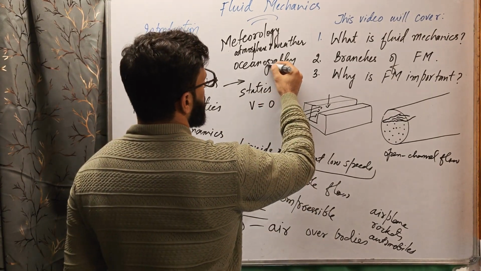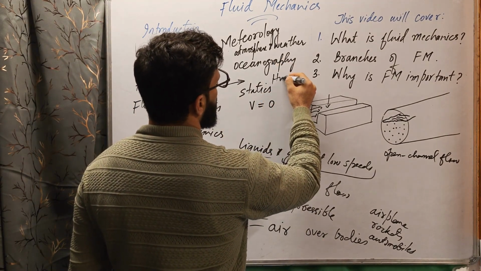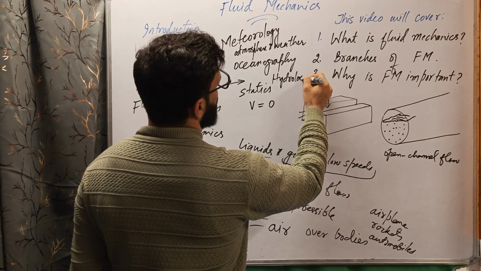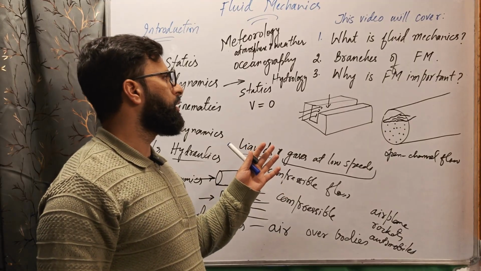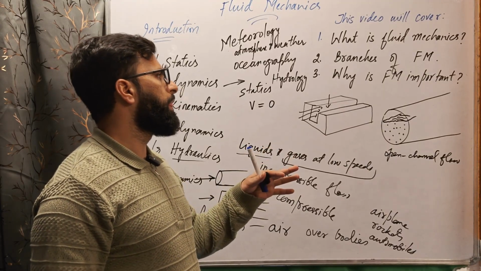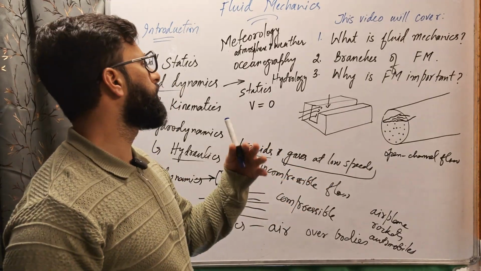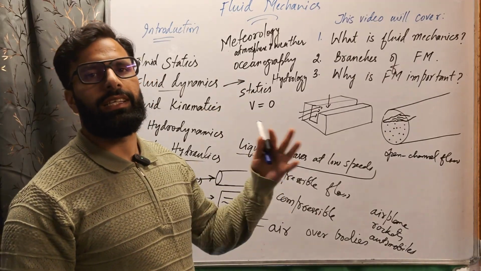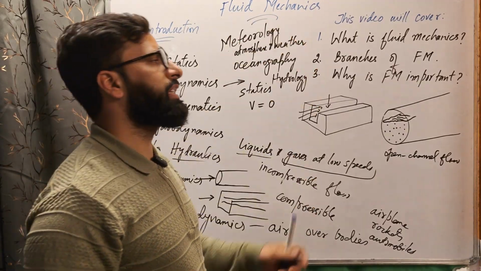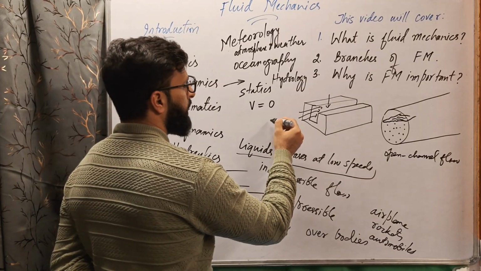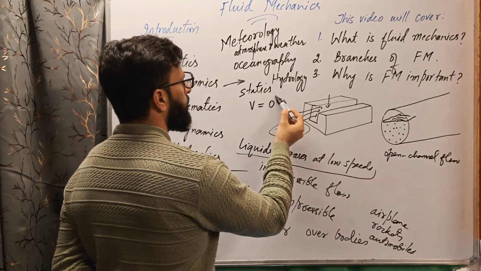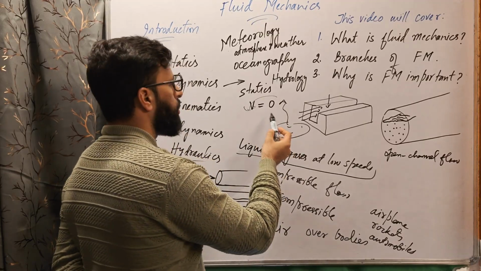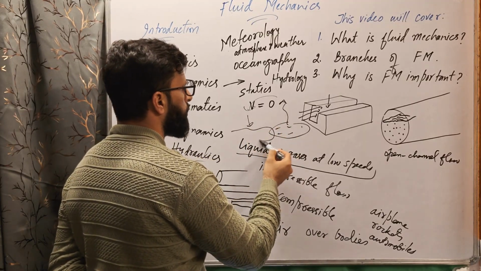Then there is hydrology. Hydrology is the study of water that is on the surface of the earth, or the hydrological cycle. Water in the seas and oceans evaporates, then condensation occurs, and it falls back on the surface of the earth.